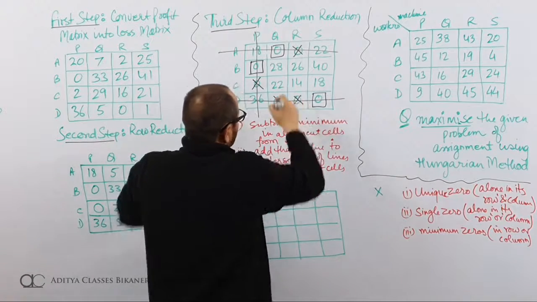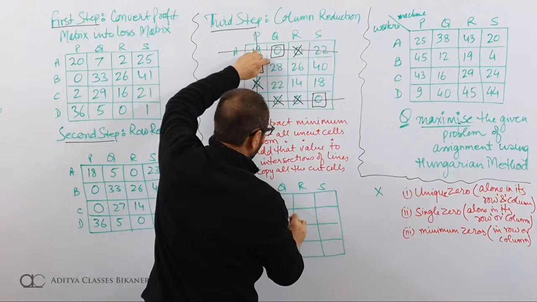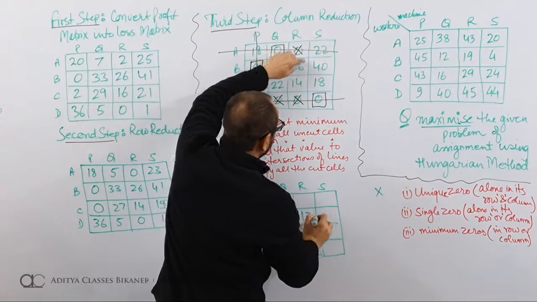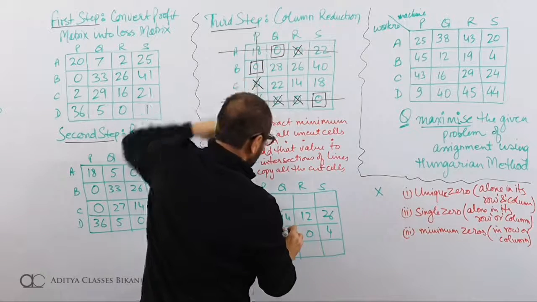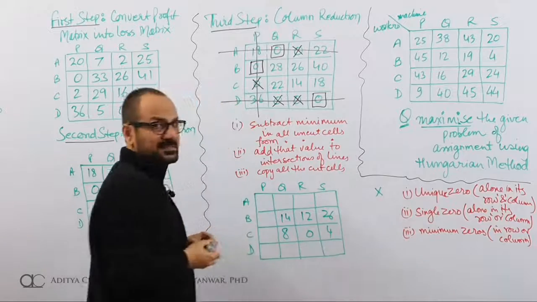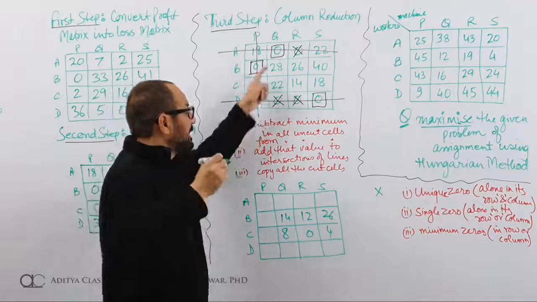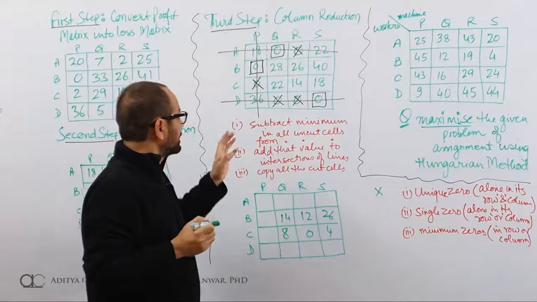Subtract 14 from all uncut cells, making this one as 14, 12, 26, 4, 0 and 8. First step is done. Subtract minimum in uncut cells from all uncut cells is done.